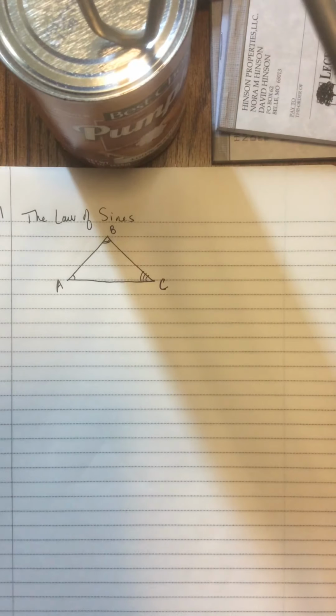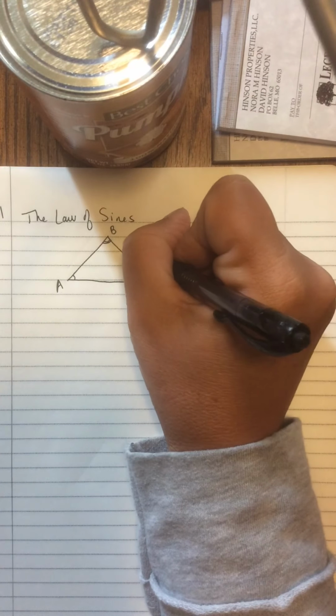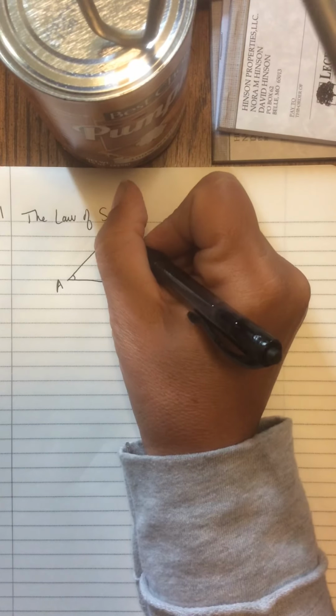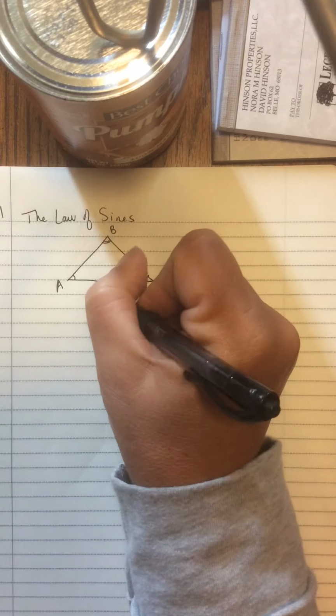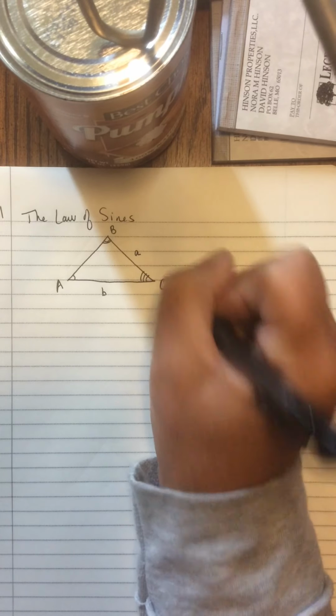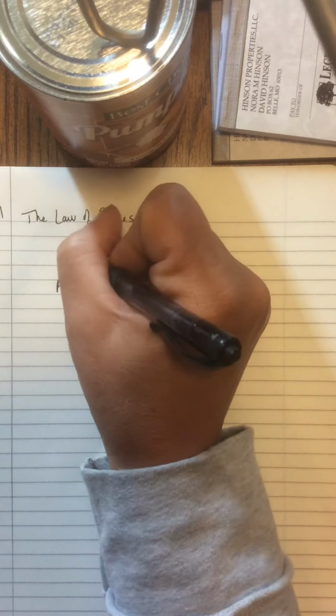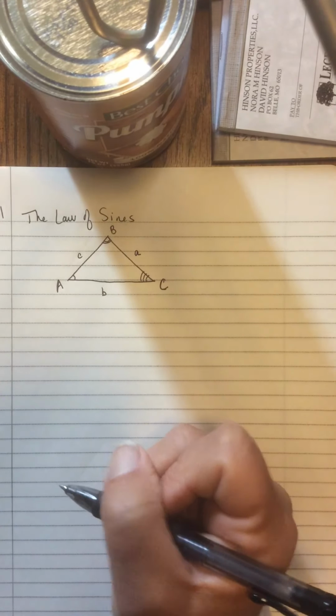The side opposite angle A, we're going to say its length is little a. The side opposite angle B is little b. And the side opposite angle C is little c.